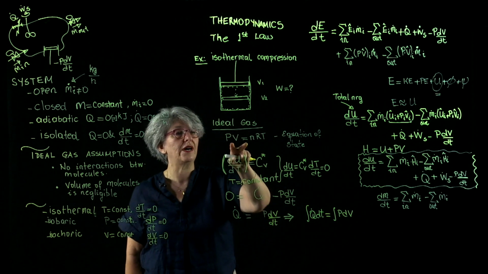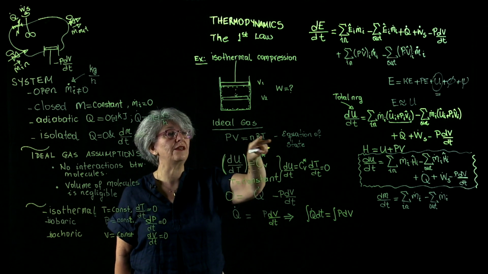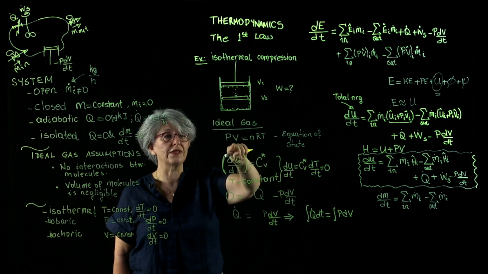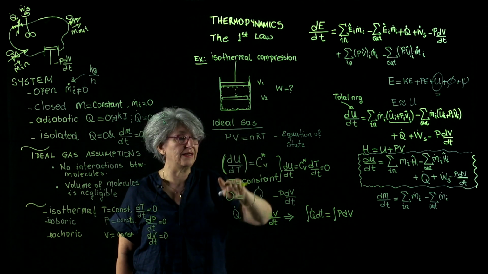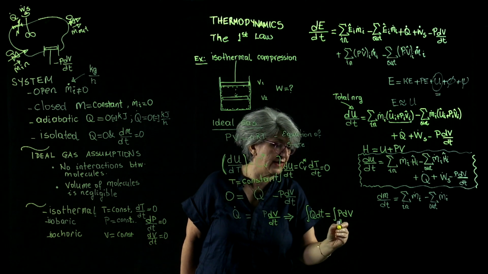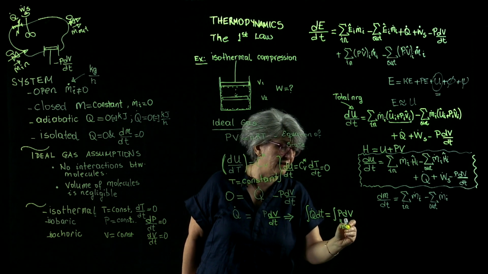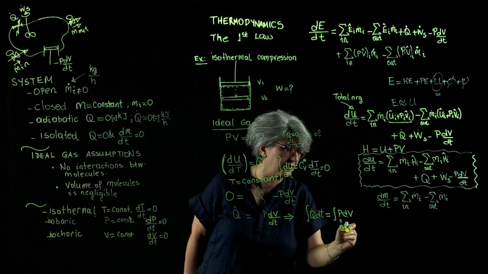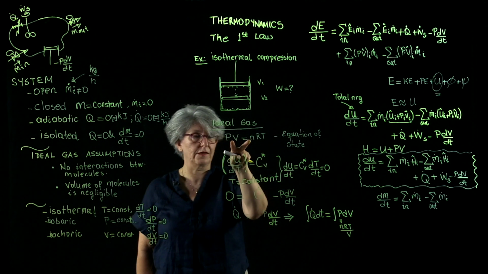Now what will I do? I will use the equation of state to relate P, V, and T to one another. I will substitute this as nRT over V from this equation.